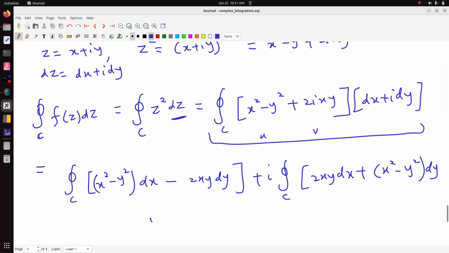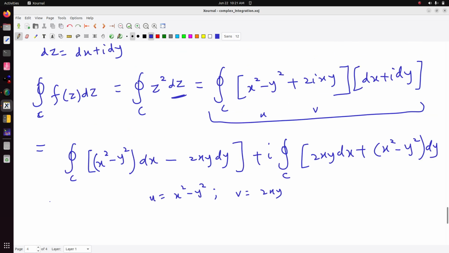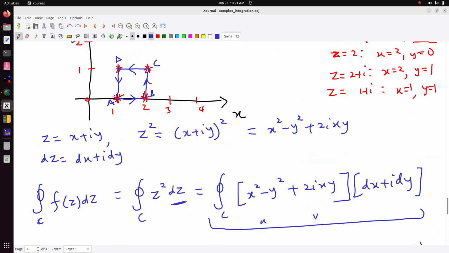Okay, so u is x squared minus y squared and v is 2xy. So you substitute. Now we take each side, that is each segment from A to B.